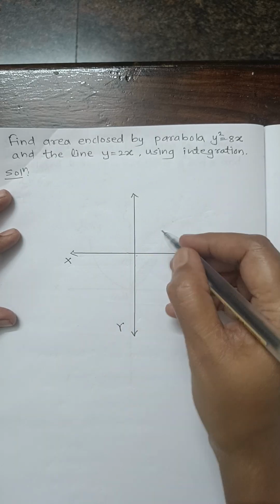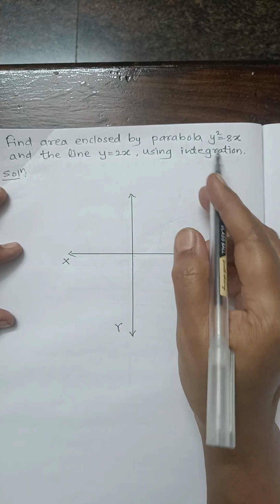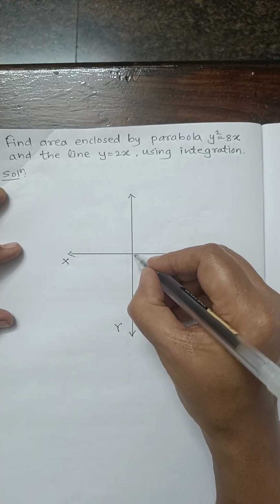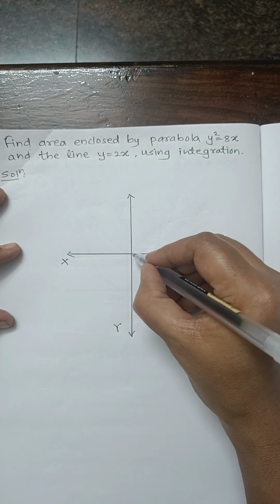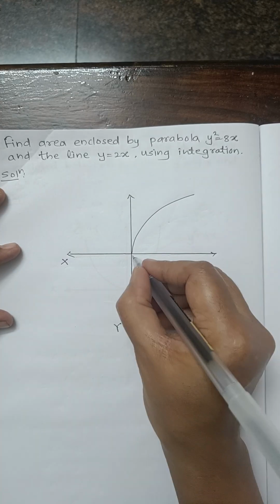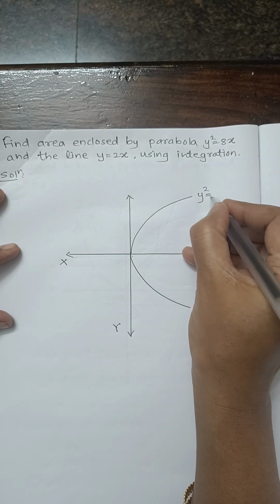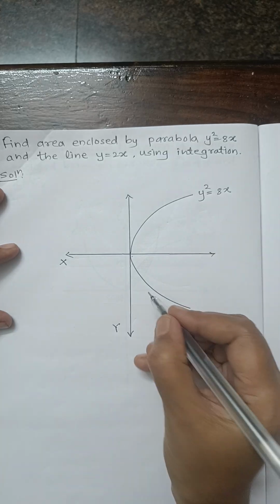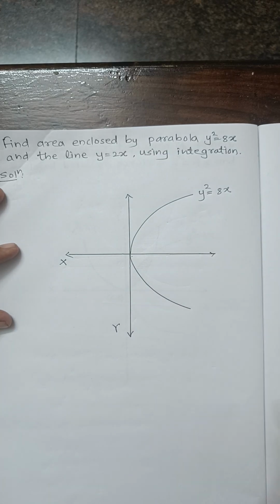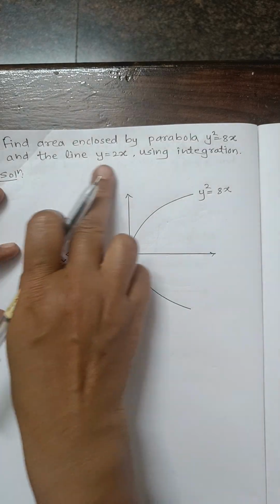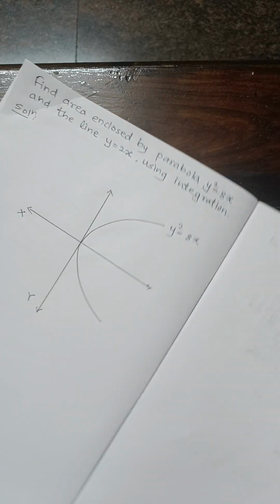Let us draw a rough diagram. Parabola y square is equal to 8x, and line y is equal to 2x.